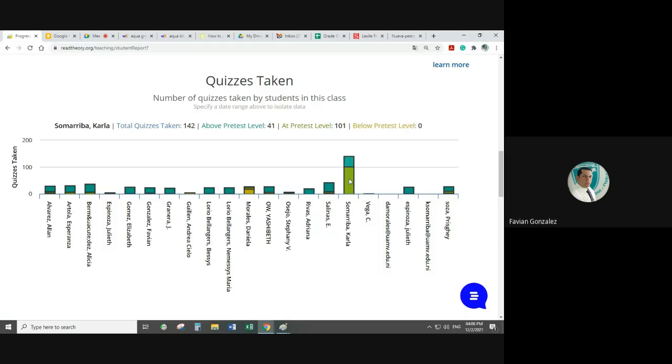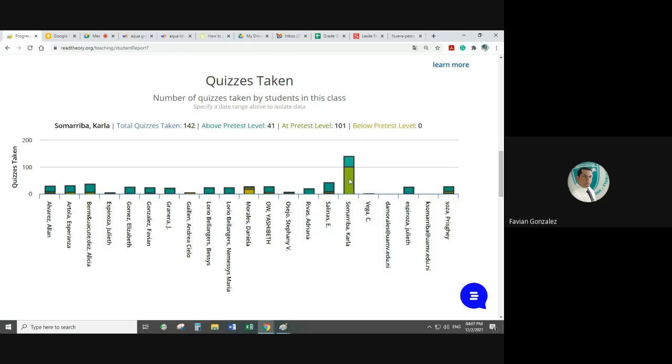I mean, she was trying hard, but she only could pass 41 passages above the pre-test level. And those are the 41 passages I'm going to take into account to give her points. I am not going to pay attention to the at pre-test level nor below pre-test level.